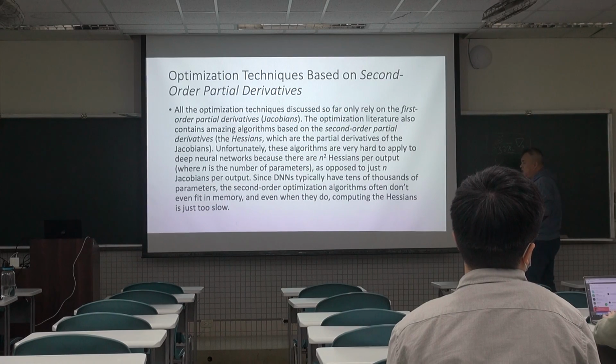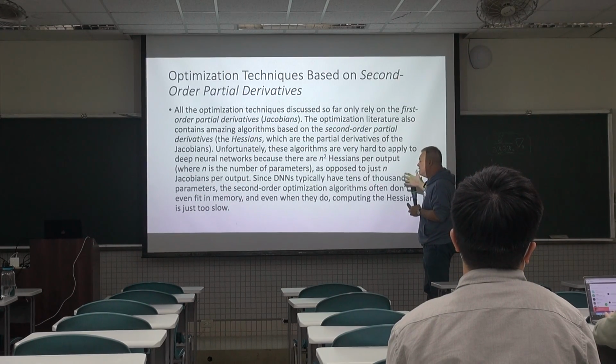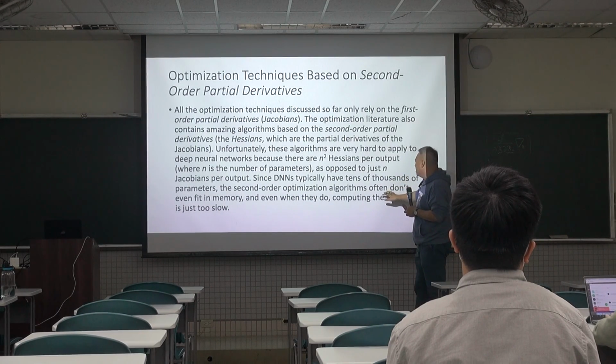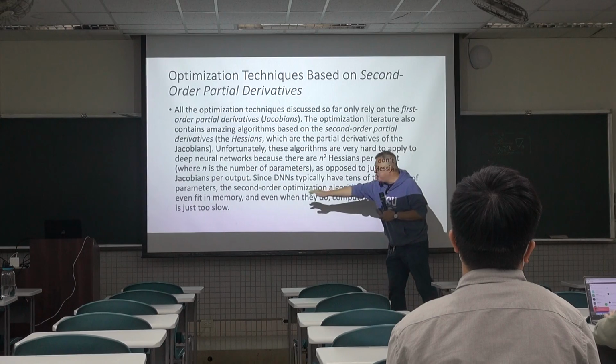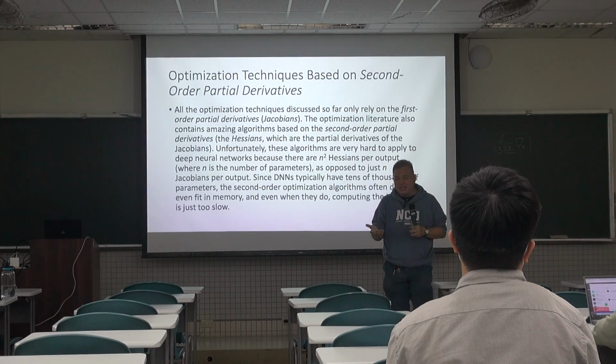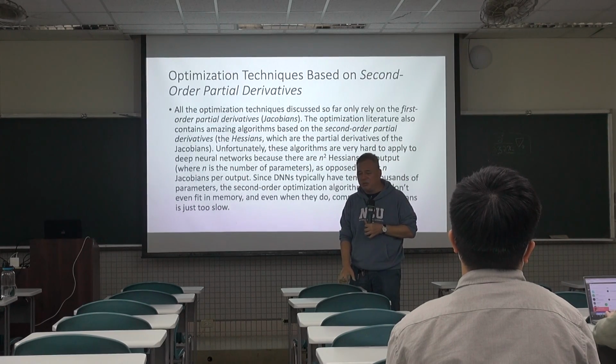A lot of the time, those partial derivatives often don't even fit in memory, because there are too many. When I say 1,000, that's really a very small number.